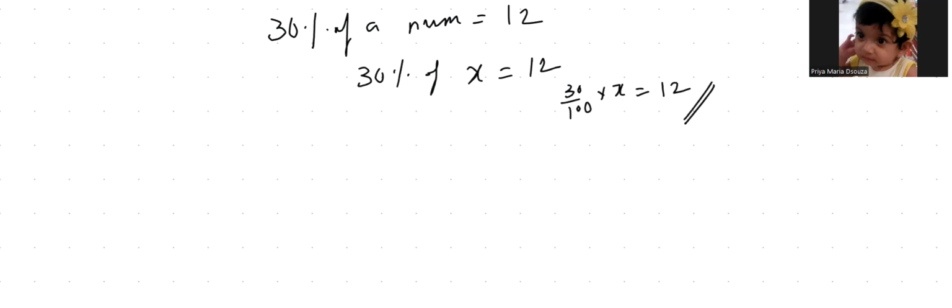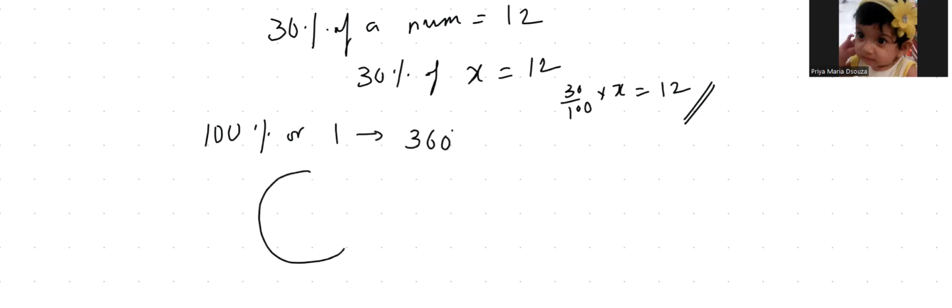That is, pie chart. So you can get a problem on pie chart. Whenever you are given a problem on pie chart, you need to remember two things. 100% or 1 corresponds to 360 degrees. Whenever the angle is given, the chart is divided into several sectors, several angles.